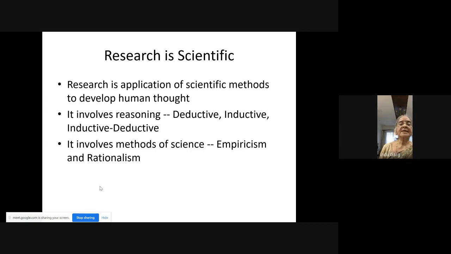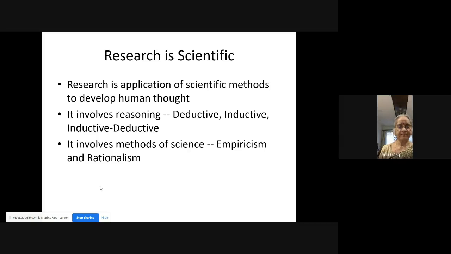So that means deductive, inductive thinking will always use logic. So if we are using logic, that means we are using the method of science. And methods of science involve two things. One is empiricism and the other is rationalism. What is empiricism?